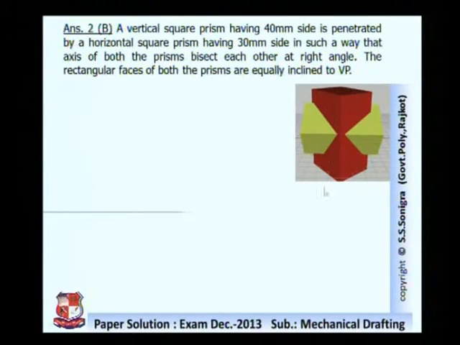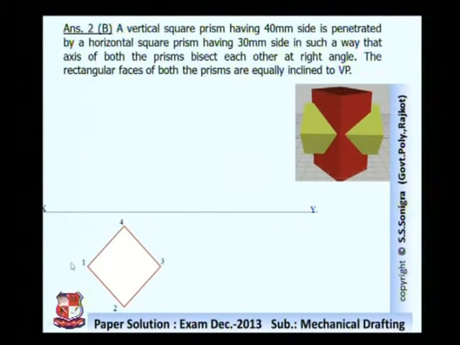So for the solution of this problem, draw the XY line which represents the intersection of HP and VP, and draw a square below the XY line like this, in such a way that all four sides make an angle of 45 degree with the XY line. And the side length of this vertical square prism, this square, is 40 millimeter.